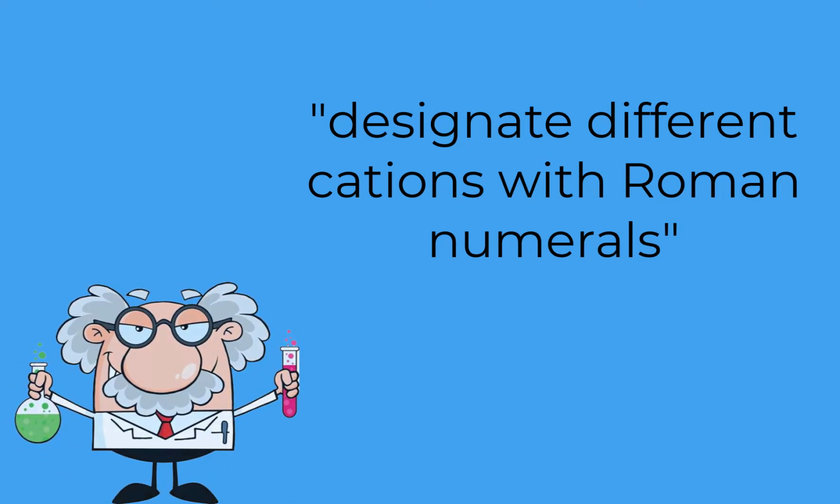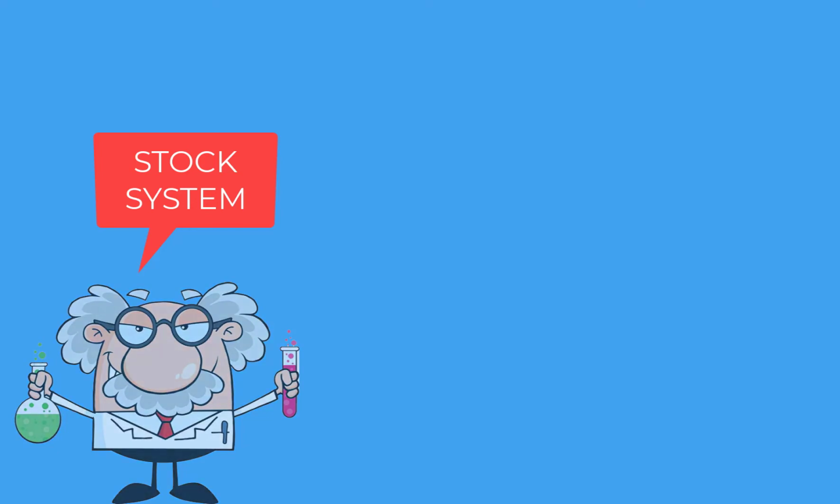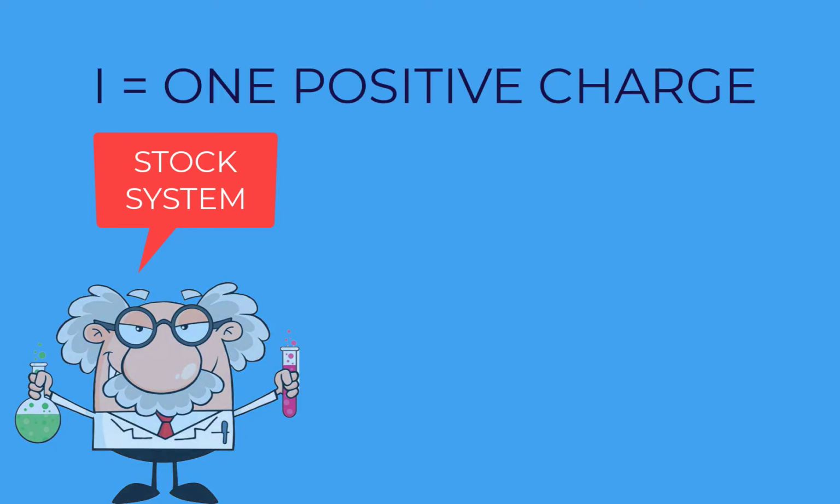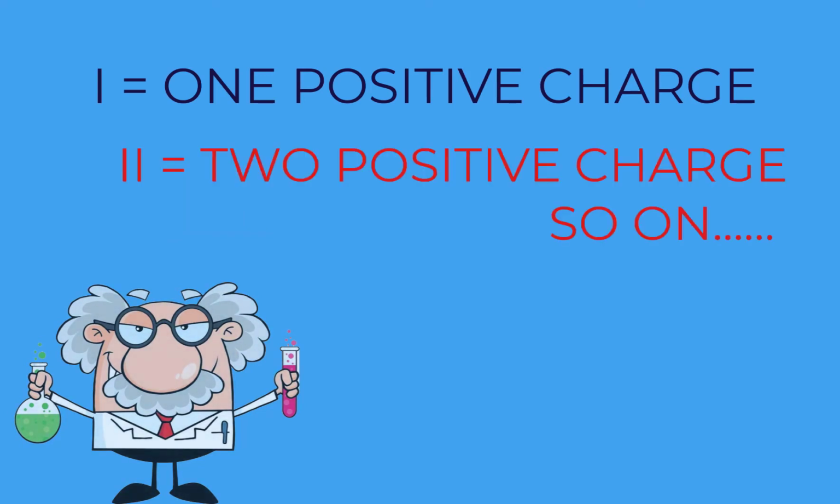Therefore, it has become increasingly common to designate different cations with Roman numerals, and this is called the Stock system. In this system, the Roman numeral I indicates one positive charge, II means two positive charges, and so on. For example, manganese, symbolized as Mn, can assume several different charges: Mn2+, Mn3+, Mn4+.